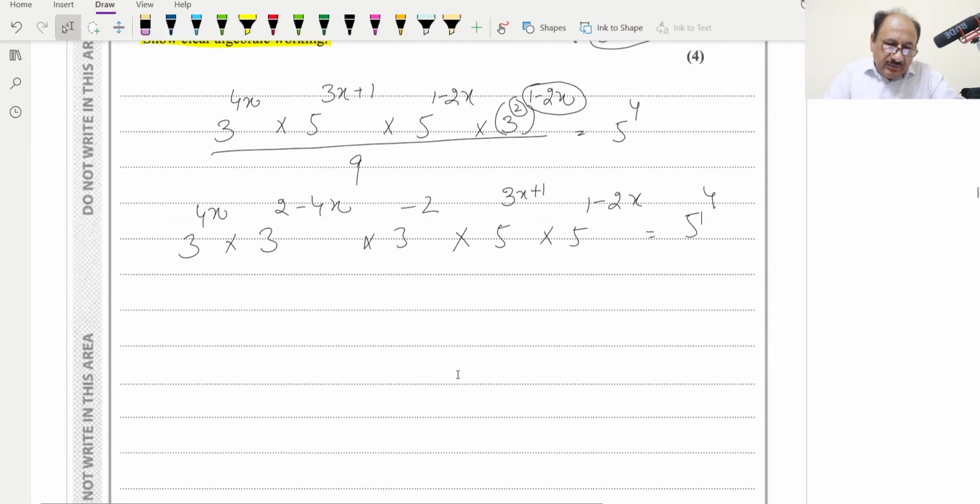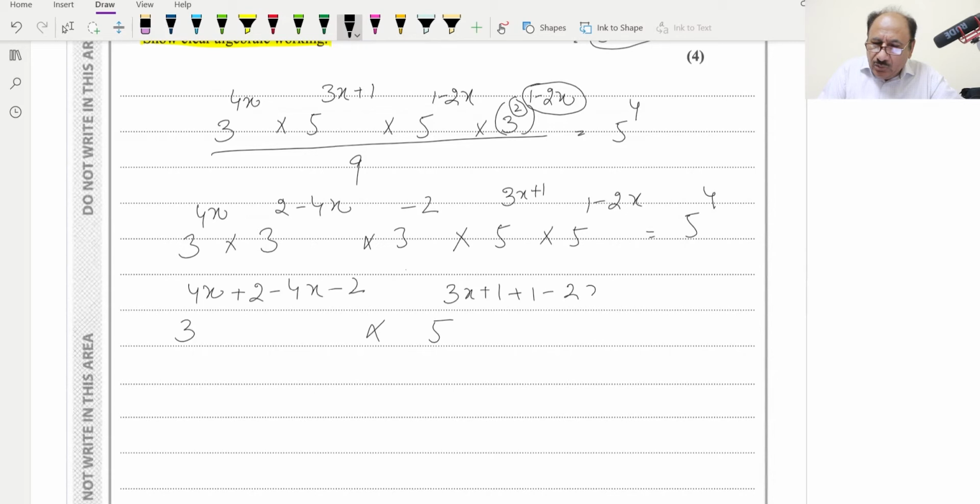Now we can add these. Because these bases are the same, the powers will be added. So we can combine these 3s, so it will be 3 raised to 4x plus 2 minus 4x and minus 2, and now 5 raised to, also we can combine, 3x plus 1 plus 1 minus 2x, and this is equal to 5 raised to power 4.